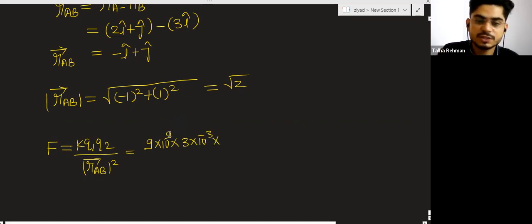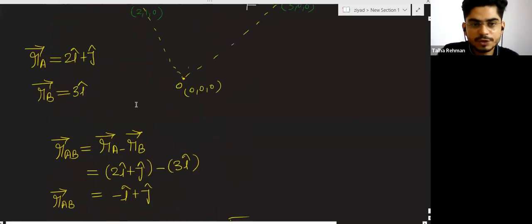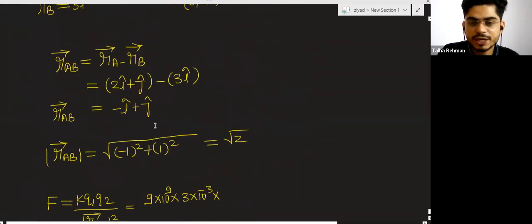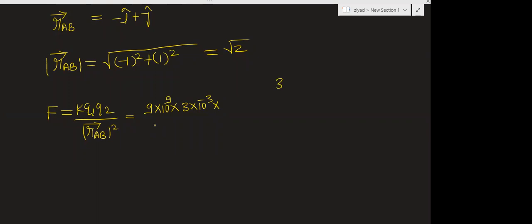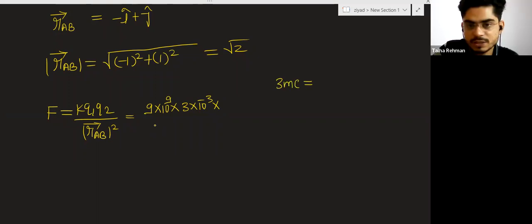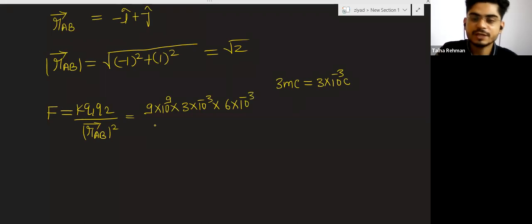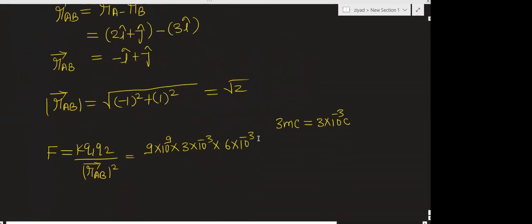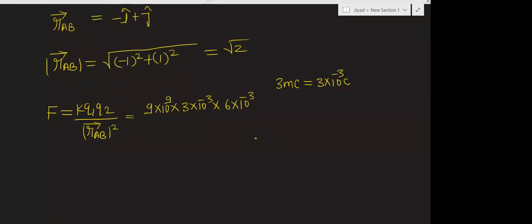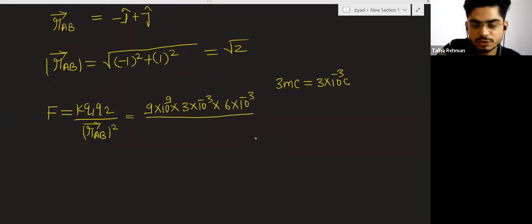I am just changing this millicoulomb into coulomb. 1 millicoulomb is equal to 10 to the power minus 3 coulomb. 3 mC means 3 into 10 to the power minus 3 coulomb. And here we have 6 into 10 to the power minus 3. I am not taking the sign because I have already taken the direction.